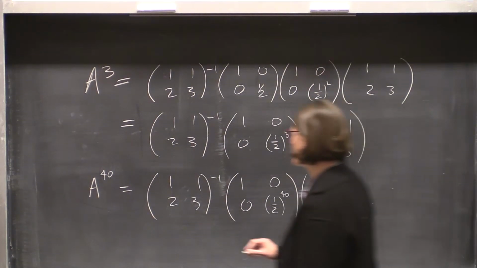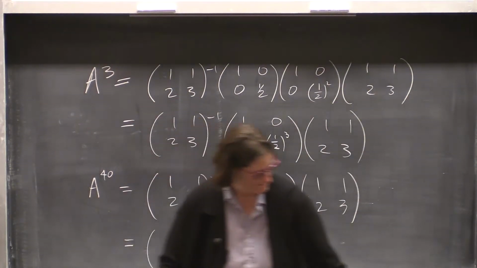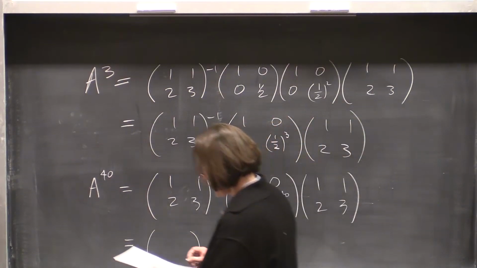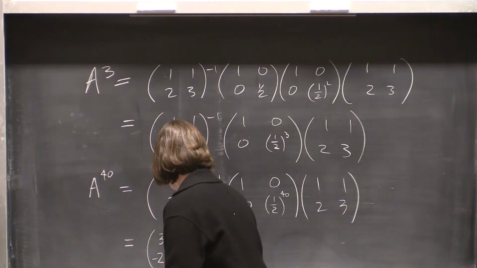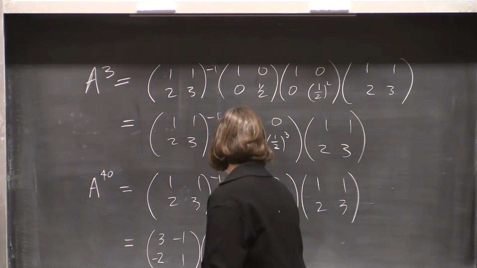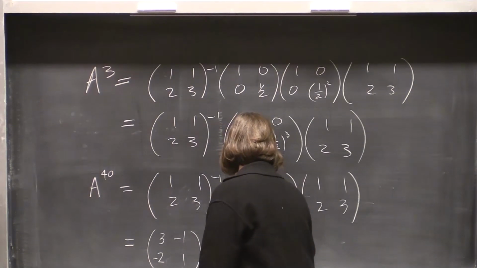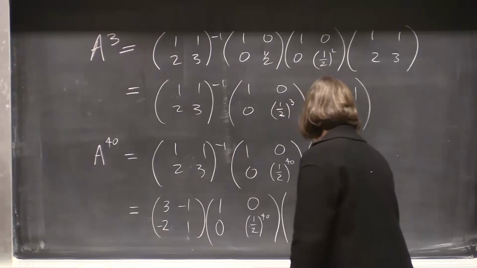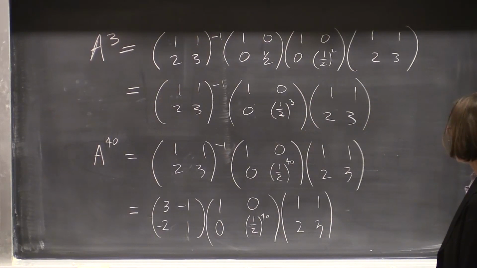So this we can multiply out. So here we have 3 minus 1 minus 2, 1, 1, 0, 0, 1/2 to the 40th, 1, 1, 2, 3. Yep.